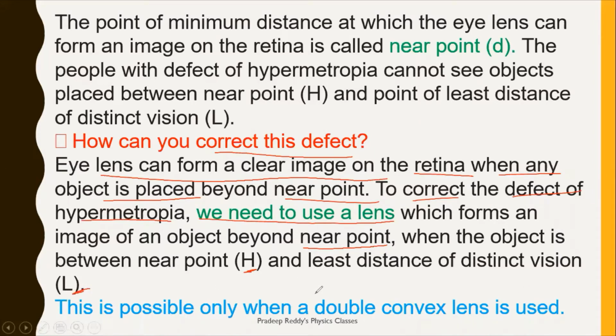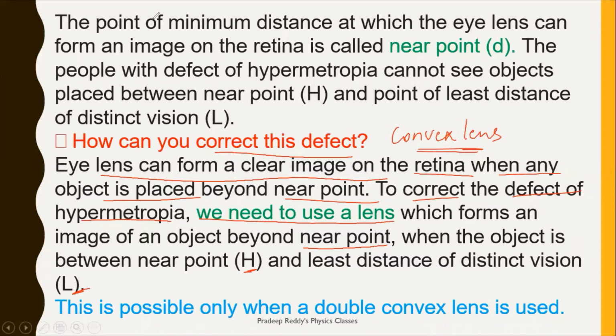So when the object is at a larger distance and in between the least distance of distinct vision, then the image should be exactly focused onto the retina. That is how you can correct the defect. In order to do that, we will be using a convex lens.